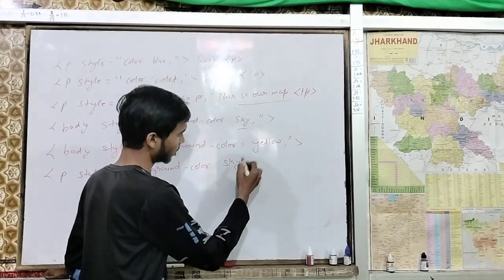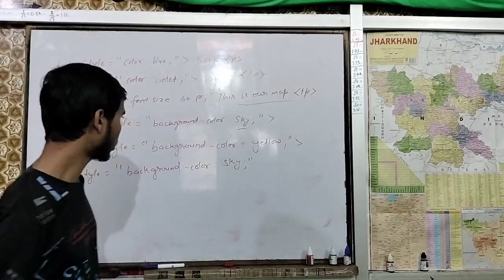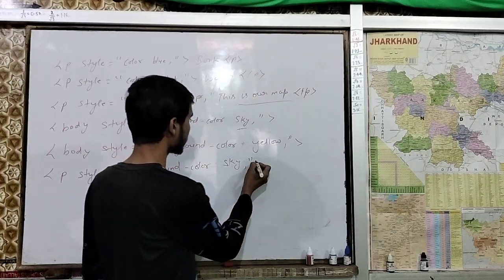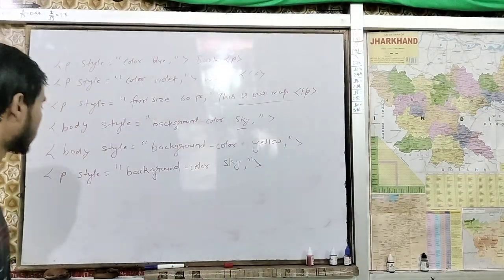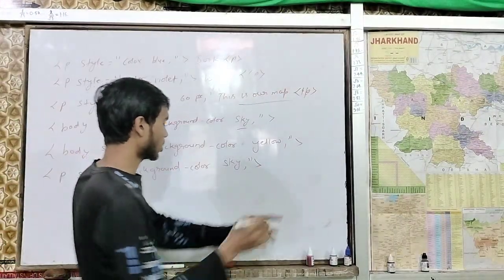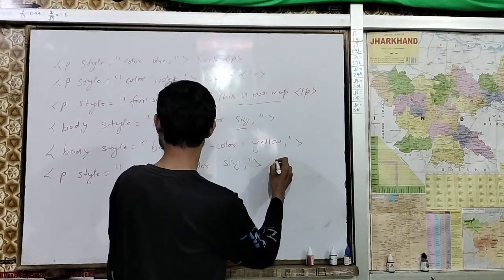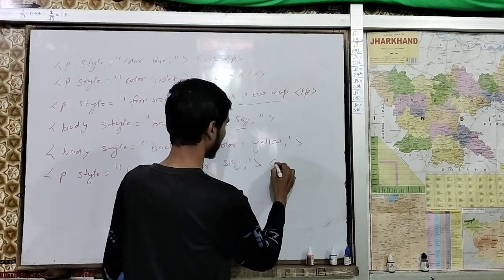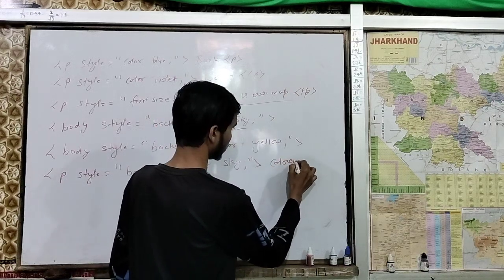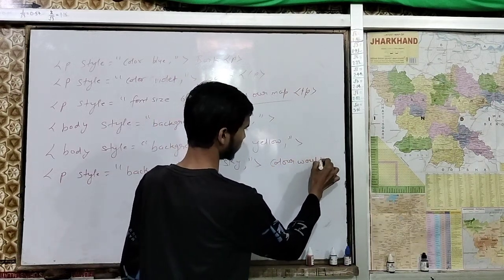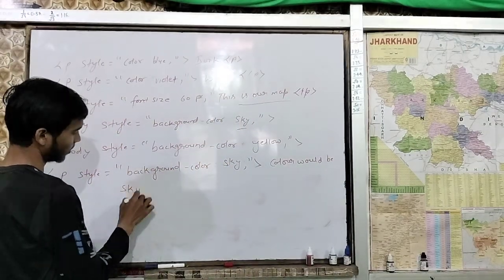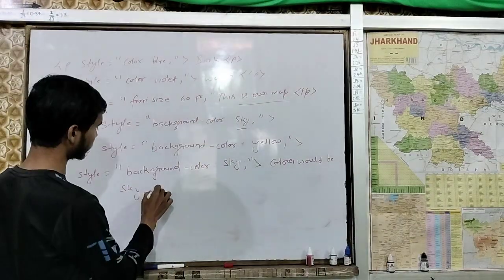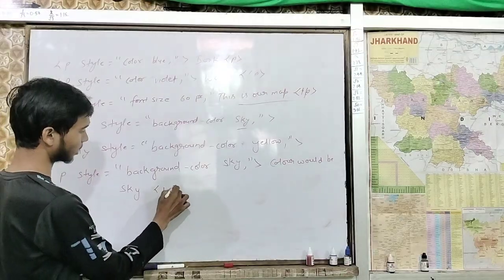Then semicolon. The starting tag is completed. Color would be a sky. Then we have ending tag.